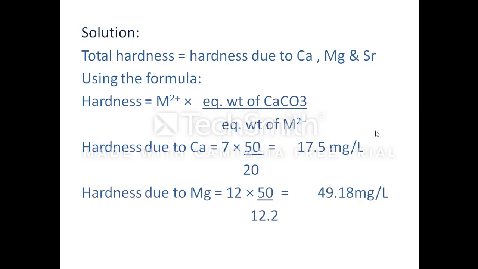Similarly, the hardness due to magnesium is equal to 12 into 50 divided by 12.2, where 12 is the concentration of magnesium as given in the question, 50 is the equivalent weight of calcium carbonate, and 12.2 is the equivalent weight of magnesium, and it's equal to 49.18 mg per liter.